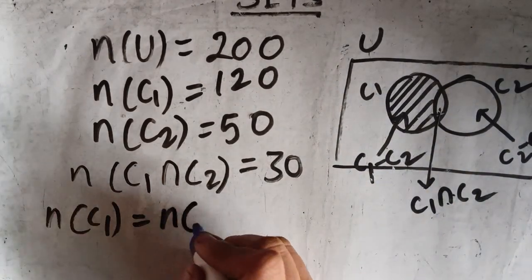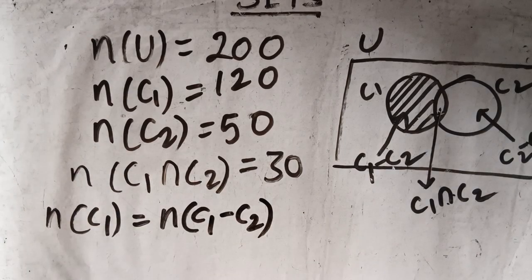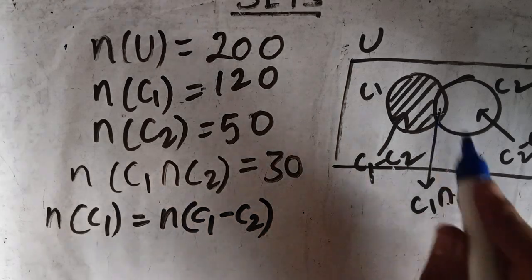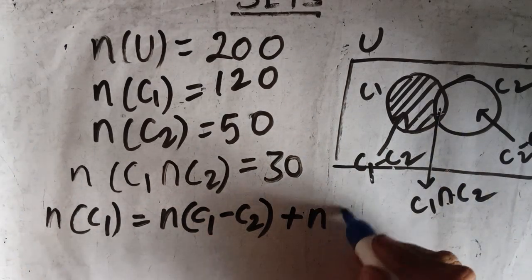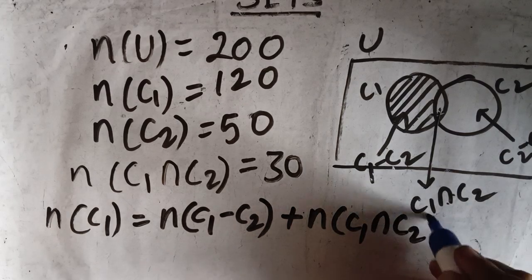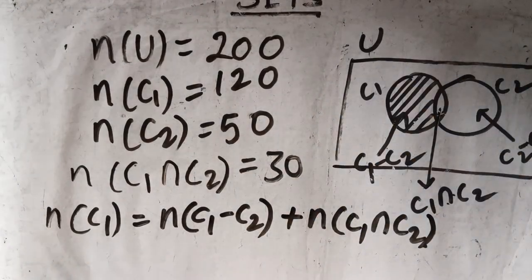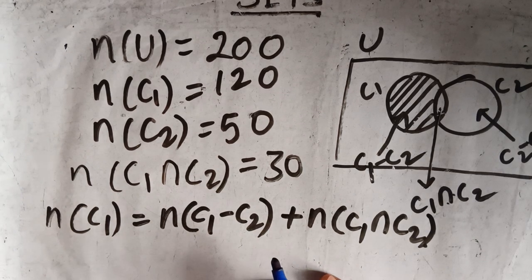So the number of elements in C1 minus C2 plus the number of elements in C1 intersection C2, both of these form your C1, but we are removing C2. So we need only C1 but not C2.